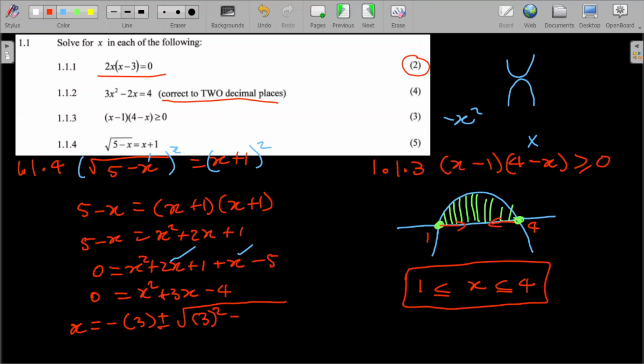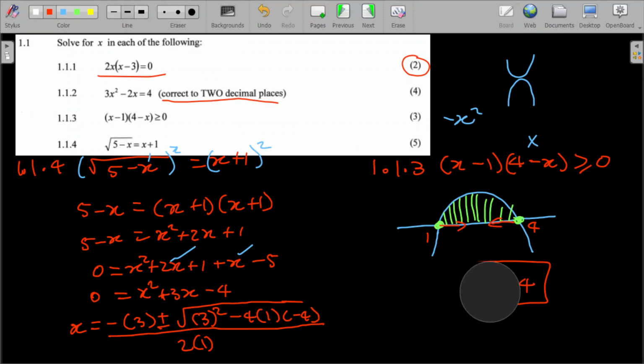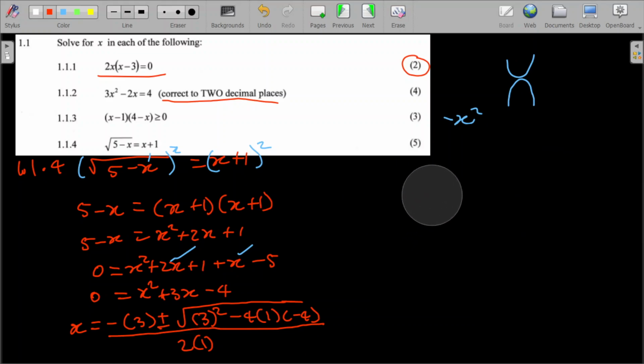No one likes time in an exam room. So make sure that you go straight into your quadratic formula, and the quadratic formula is just going to give you exactly the same answer that it was going to give you if you know how to factorize, because sometimes we make mistakes when factorizing. So let's avoid making mistakes.